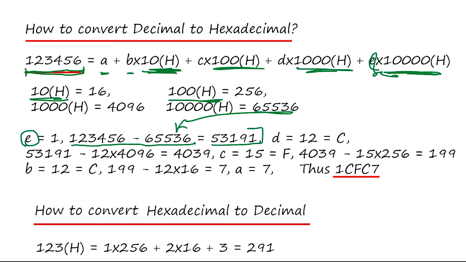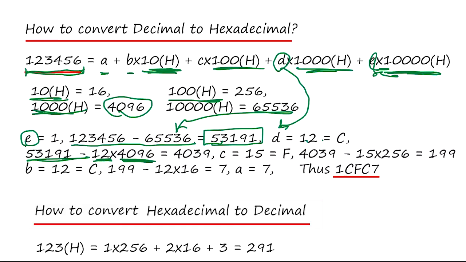Then the remainder no longer has this digit. So we subtract D, and D is this guy, multiplied by 12. We subtract that, then D times hexadecimal 1000, I'm sorry.